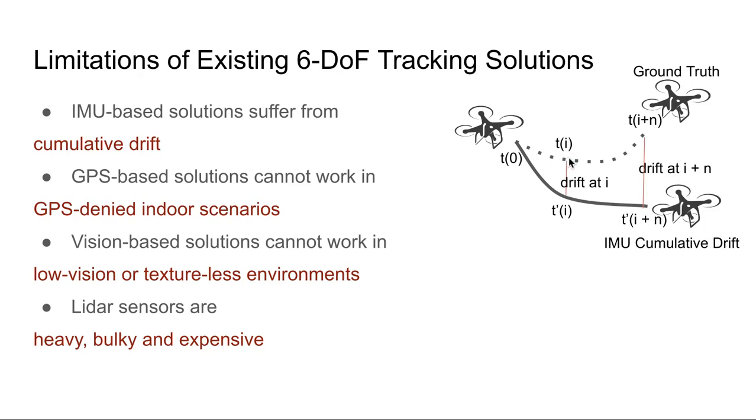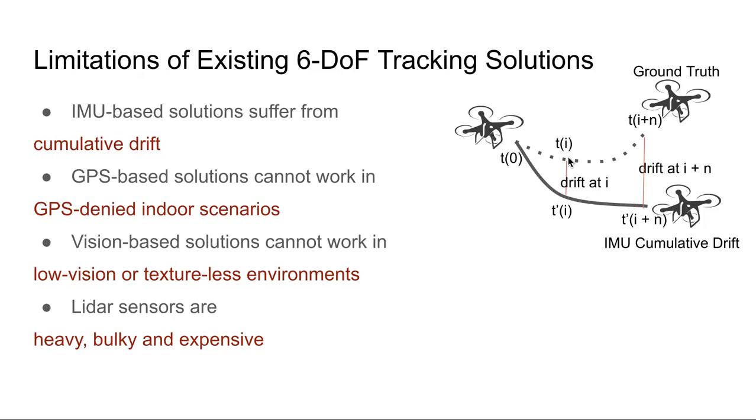However, since it captures the relative change of location and orientation, and because it's based on the local frame of reference, there's no external ground truth, no external point to be used as reference in order to correct this error.